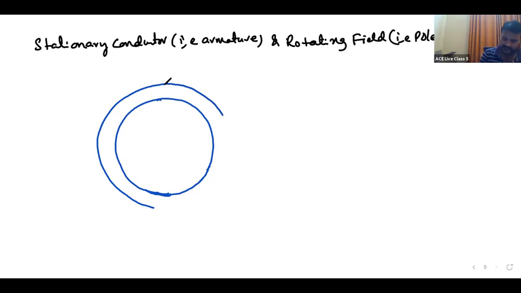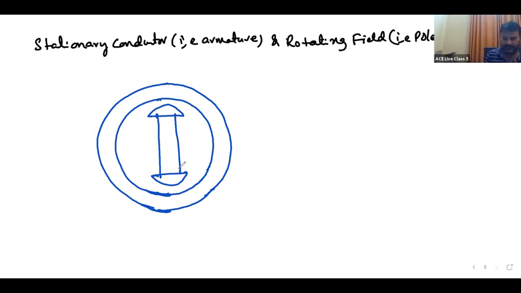This is the stator. These are the poles, salient poles.